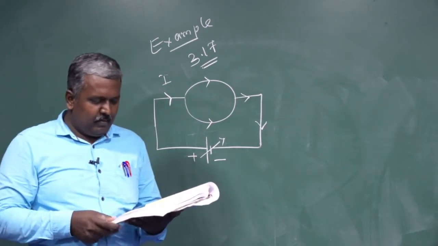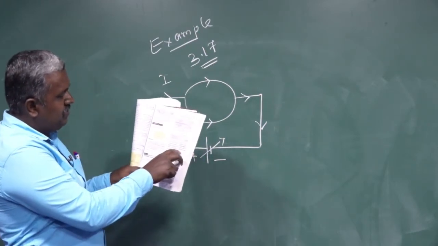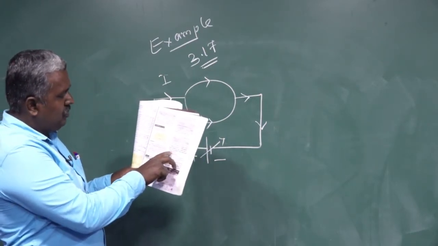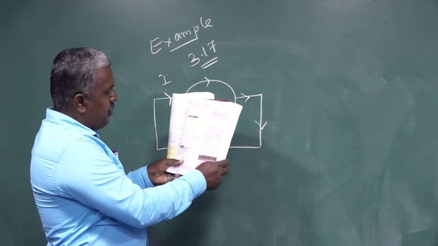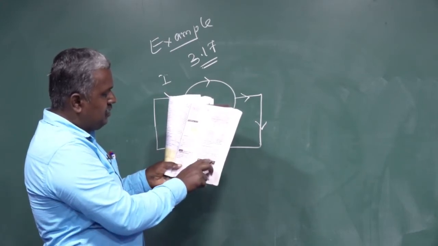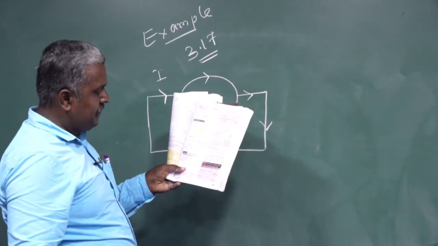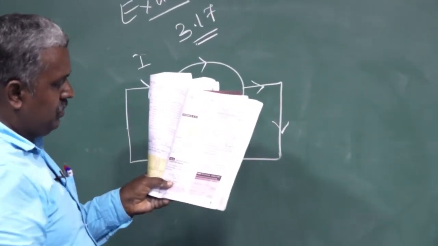3.8.4. Just underline this, the magnetic dipole moment up to the area of the loop. And the right hand thumb rule, from 'if we curl the fingers' up to the loop. And this is the end rule.